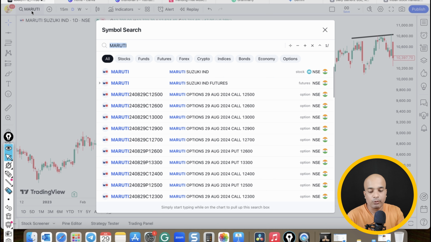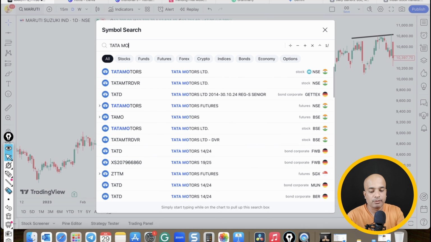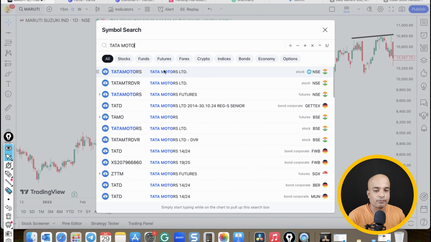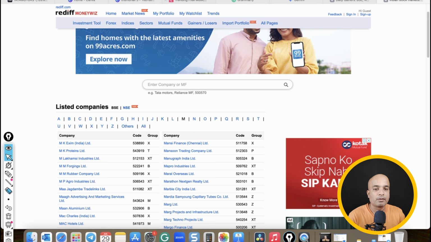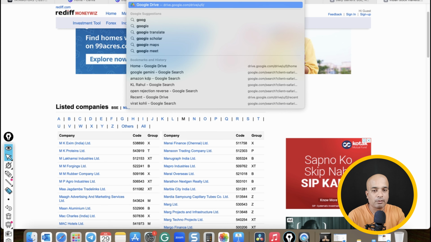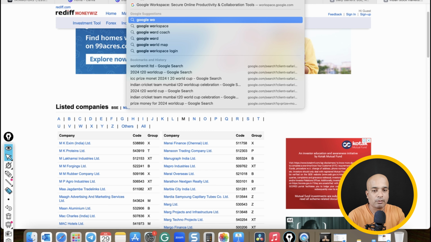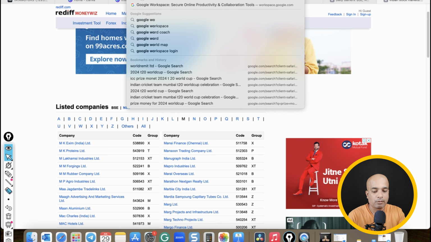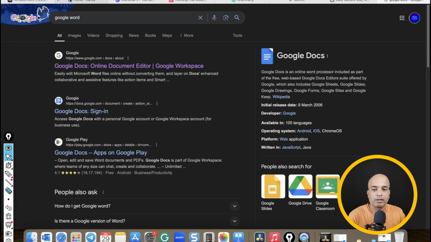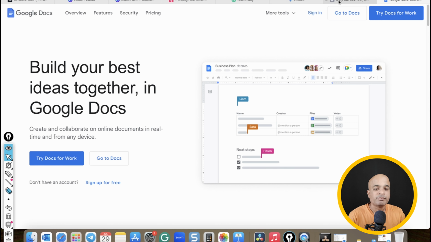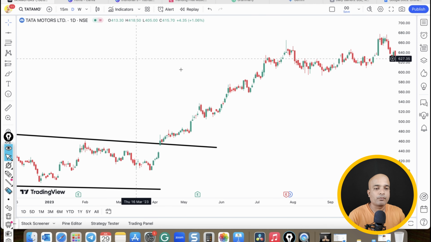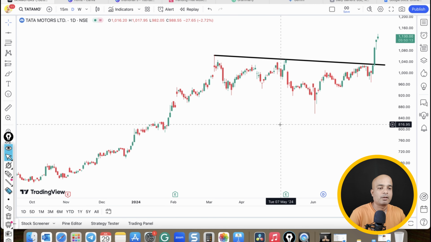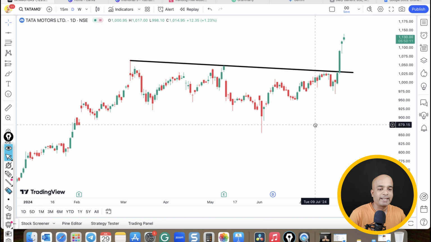See, for example, if I look at Tata Motors, the breakout happened in the same manner, right?